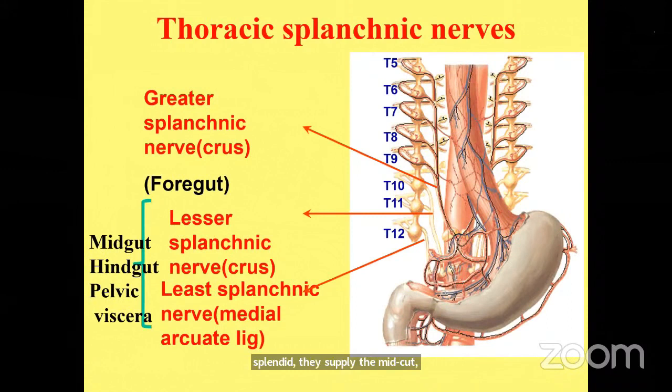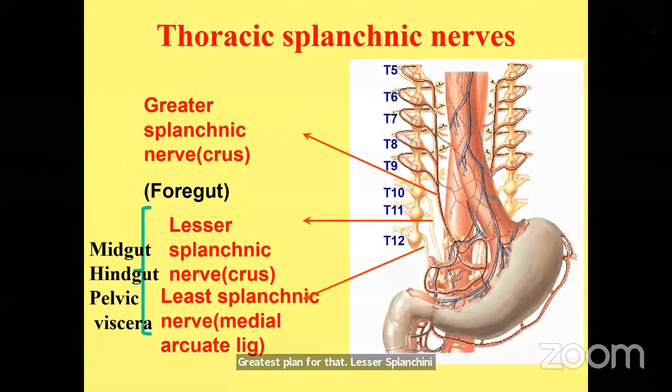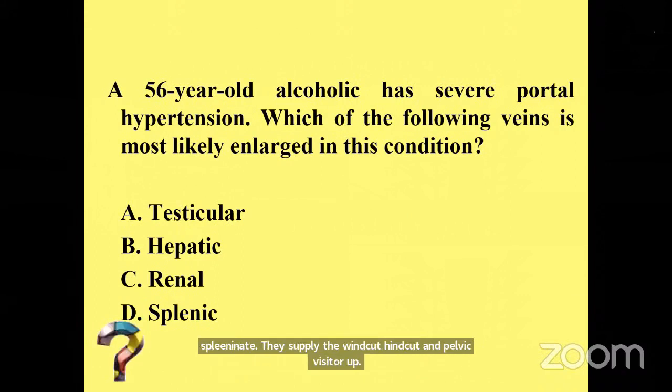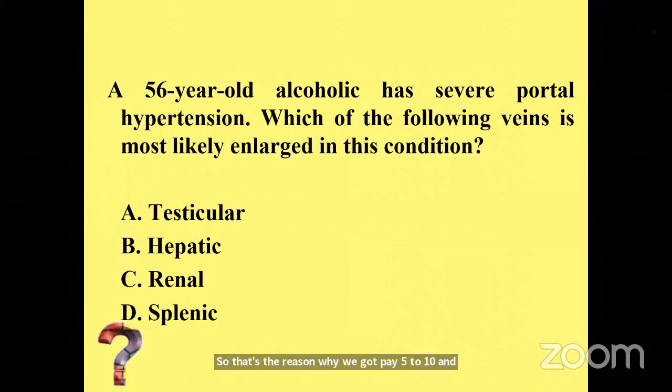This is how the thoracic splanchnic nerves are supplying the GIT. Greater splanchnic, foregut; lesser splanchnic and least splanchnic supply the midgut, hindgut and pelvic viscera. That's the reason why we got T5 to T9 receiving the pain impulses from the pancreas. Hope the answer is clear for you.